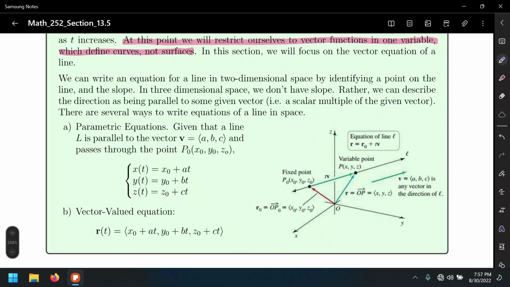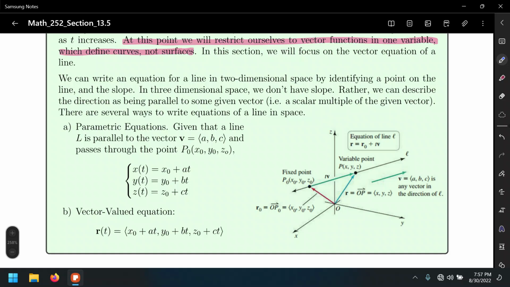And of course, recall that this direction vector is a free vector, it can be anywhere, as long as it's in the same direction and has the same magnitude as that on the line that we're parameterizing. And in this case, we need an initial point. That initial point is going to be a fixed point from the origin to any arbitrary point.